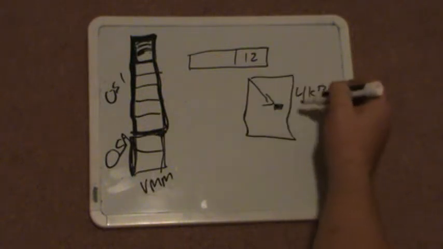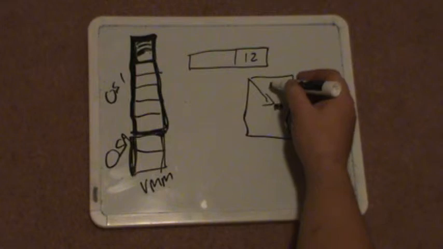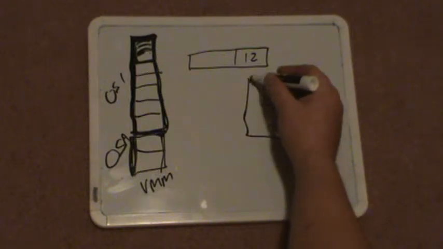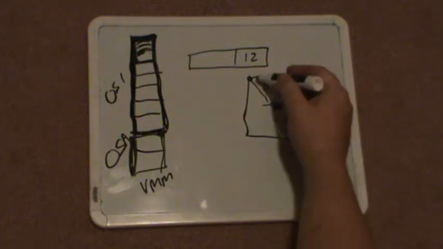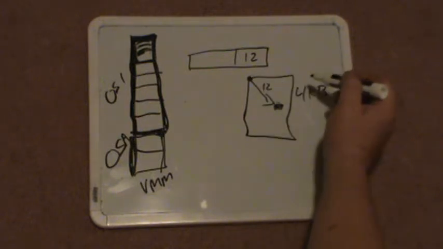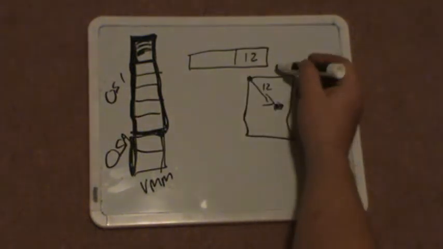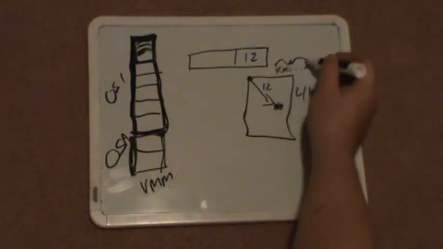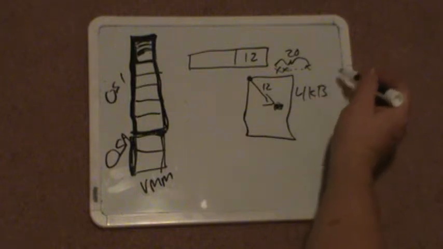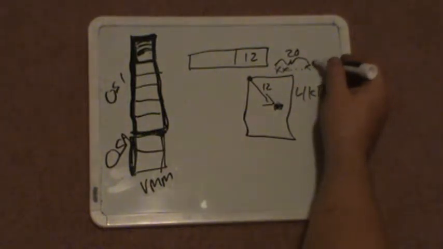This page being 4 kilobytes means it needs 12 bits to offset it. So I get a 12-bit address from the initial point, which means this page is 20 bits of X, X, X, 20 bits, which tells me where the page is.